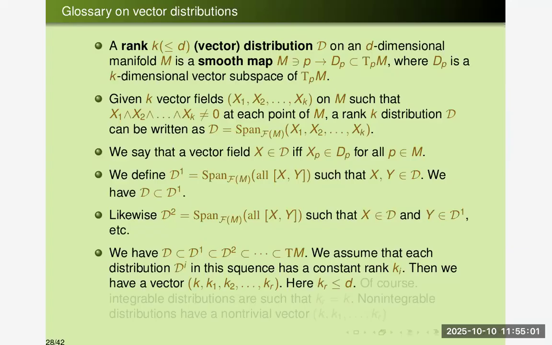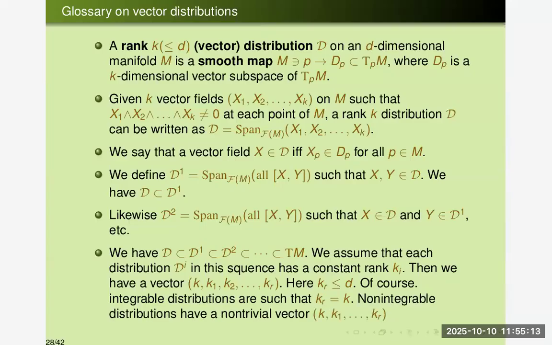As I say, integrable distributions are such that this stops at k, but if it's non-integrable, it grows. This thing is called the growth vector, and it is the simplest diffeomorphism invariant of a distribution. Okay? So that's a primer on distributions.